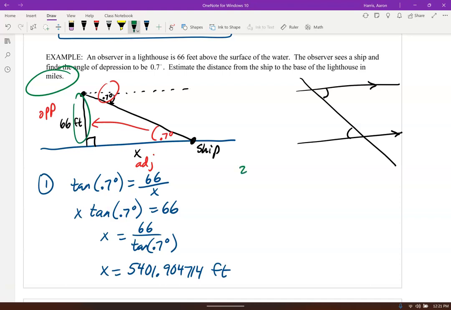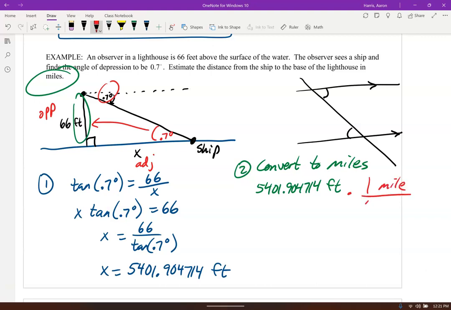So let's go ahead and convert to miles now. I've got 5401.904714 feet. Let's convert it to miles. I know for every 1 mile, there are 5,280 feet, if you didn't know that.